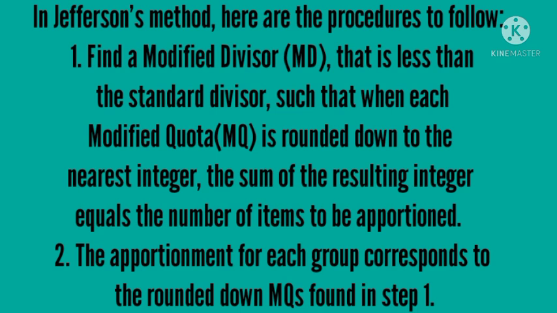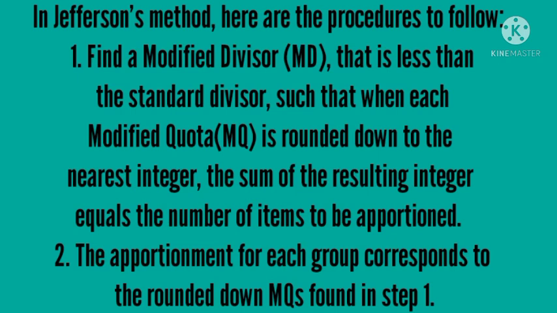In Jefferson's method, here are the procedures to follow. Number 1, find the modified divisor, or MD, that is less than the standard divisor, such that when each modified quota, or MQ, is rounded down to the nearest integer, the sum of the resulting integers equals the number of items to be apportioned.